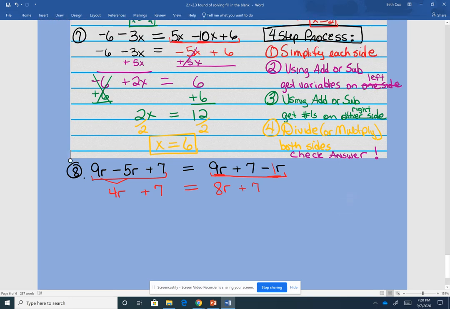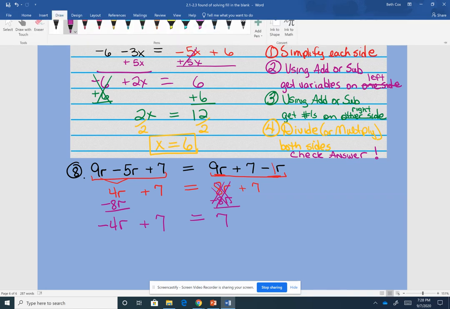Step 2, using add or subtract to get the variables to the left. So this one on the right needs to be removed. It's removed. I have 7. And what I do to one side, I do to the other. So now I have negative 4r on the left.